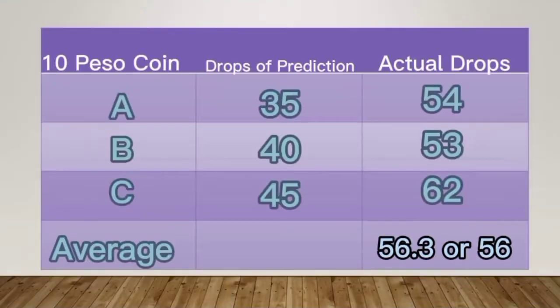So we have here that the 10 peso coin average is equal to 56.3. We rounded 56.3 to the nearest whole number because it is not possible for drops to be in decimal form. So we have 56.